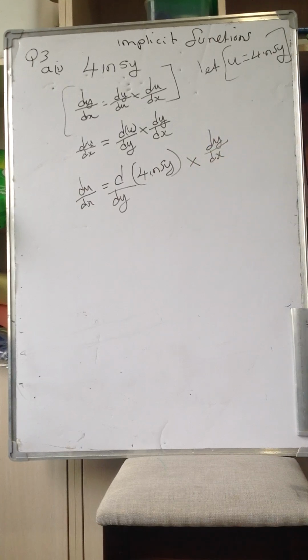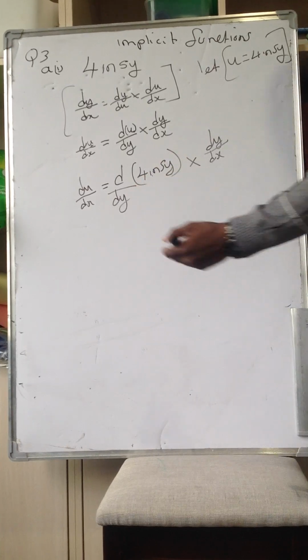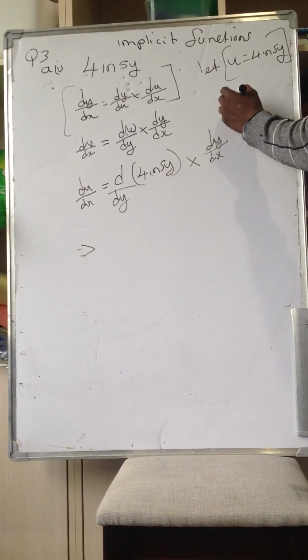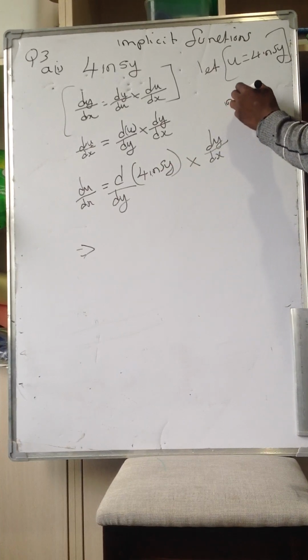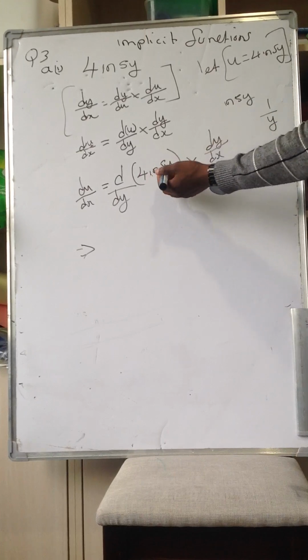Remember, our question says that everything is supposed to be differentiated with respect to x. So let's differentiate 4 ln 5y. How do you differentiate this? If you differentiate ln 5y, you're going to have 1 over 5y, but the number here is not counted, the 5 is not counted.